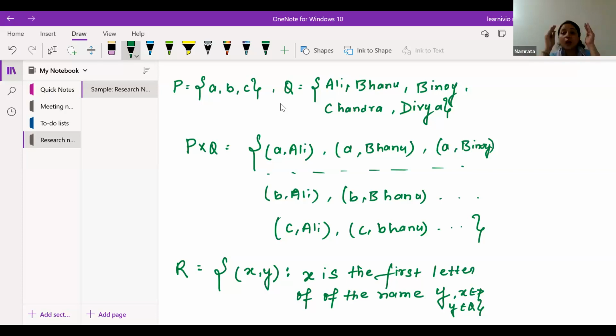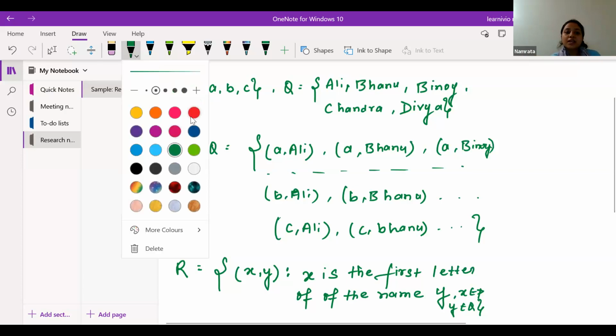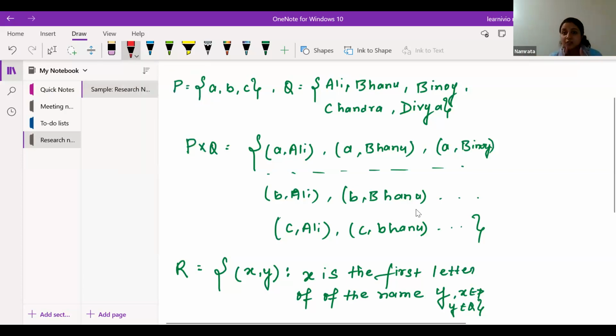The relation is given between the ordered pair's first element X and Y. So what is the relation between X and Y? Let's see carefully. It says that you have to only write those ordered pairs where X is the first letter of the name Y. Can you see the red underlined part?